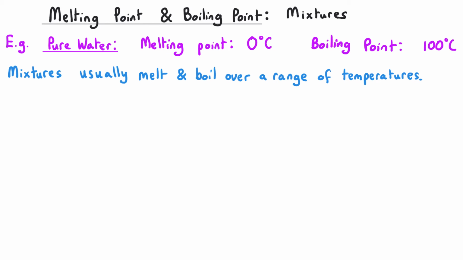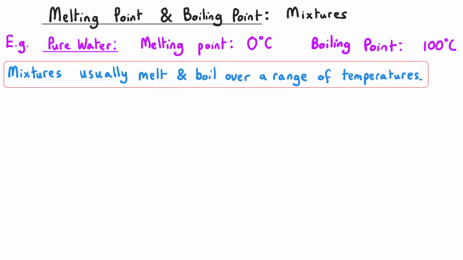Unlike pure substances, which have specific melting points and boiling points, mixtures will usually melt and boil over a range of different temperatures. And so that means they might start boiling at one temperature, but they won't finish boiling until they reach a higher temperature. Or similarly, they might start melting at one temperature, but that substance will not fully have melted until a higher temperature has been reached.